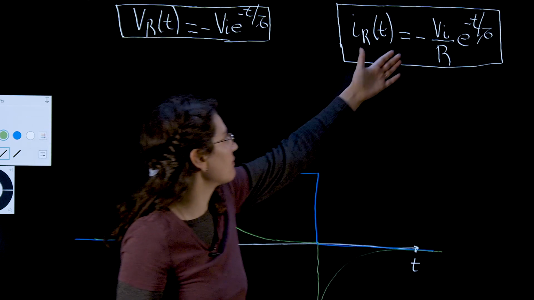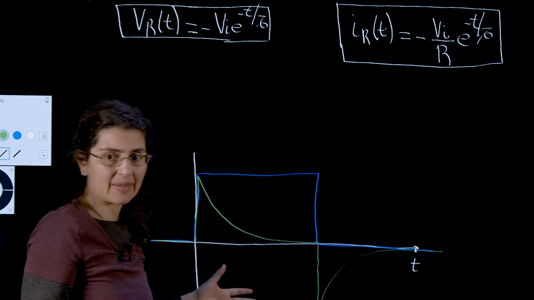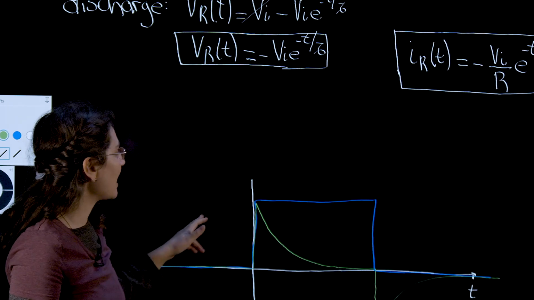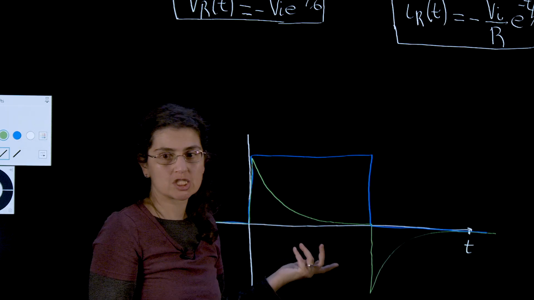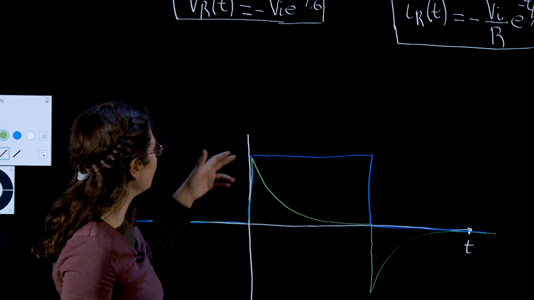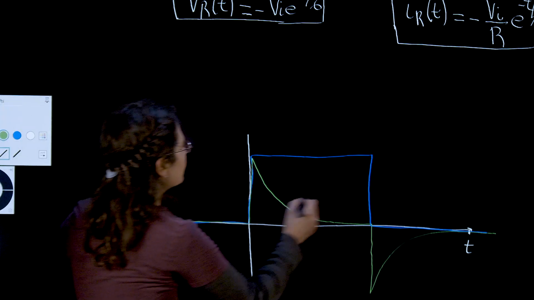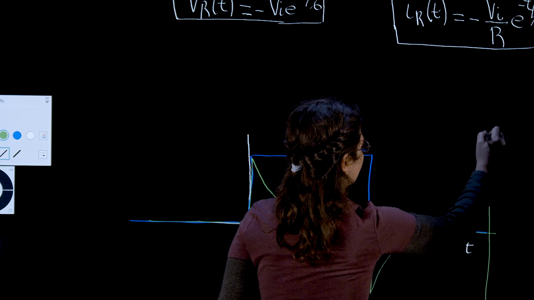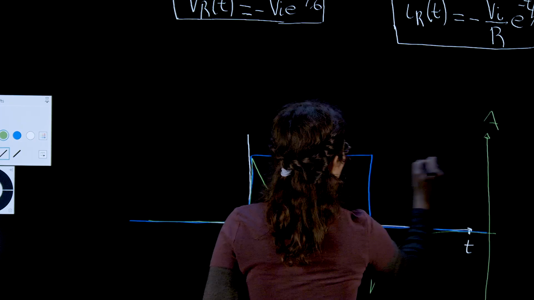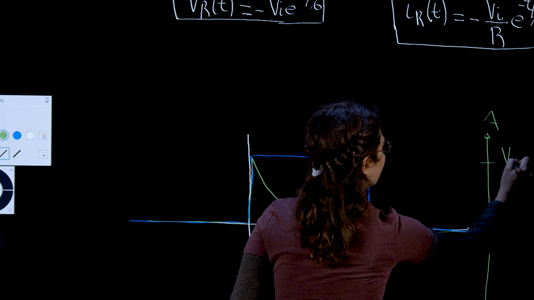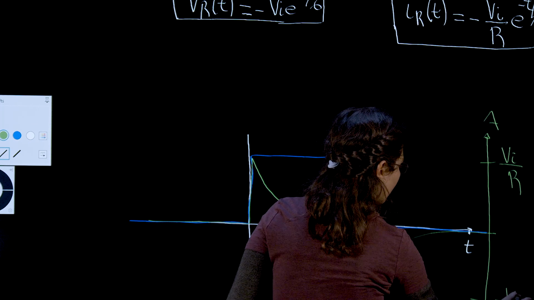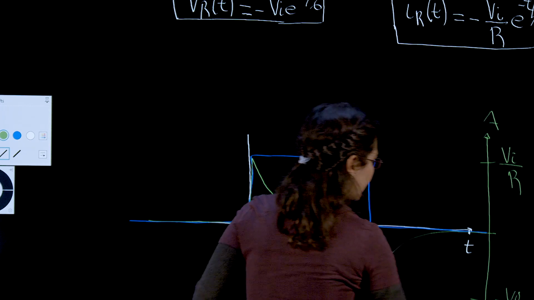Here I would have Vi over R in amperes for the current, but I only have Vi times that for the voltage. So if I have here my amperes, then I have here Vi over R, and here minus Vi over R for my current.